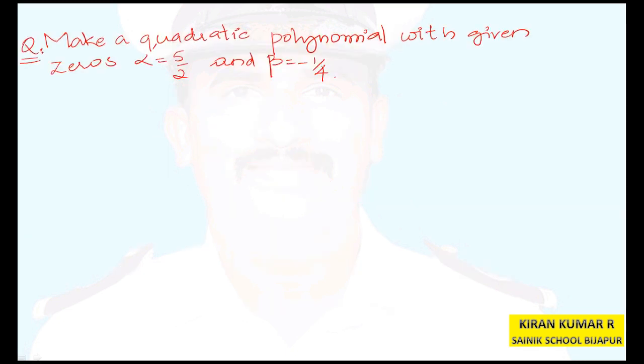Sometimes there may be a question: make a quadratic polynomial with given zeros alpha equal to minus 5 by 2 and beta equal to minus 1 by 4.